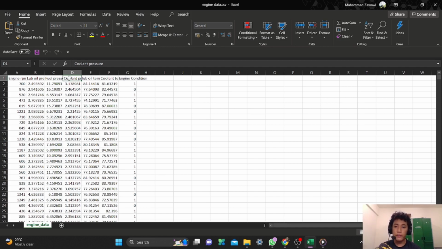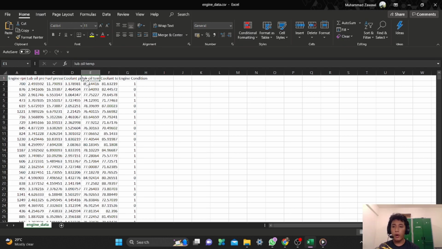If the coolant pressure is low, this means that the engine cannot be cooled down, and it will heat up, increasing the coolant temperature. And if the coolant pressure is too high, instead of cooling the engine there will be some other problems that can cause the engine to break down.